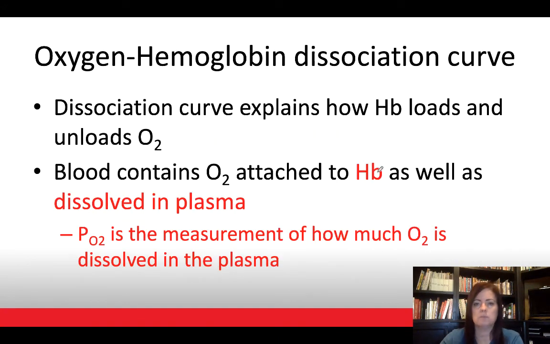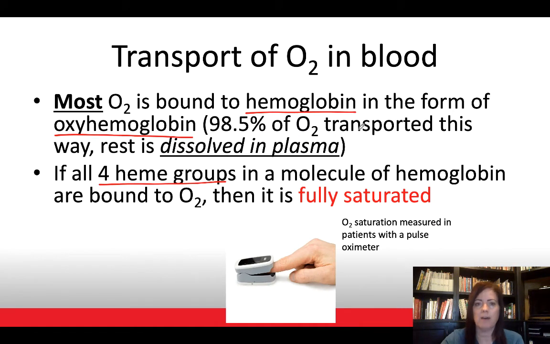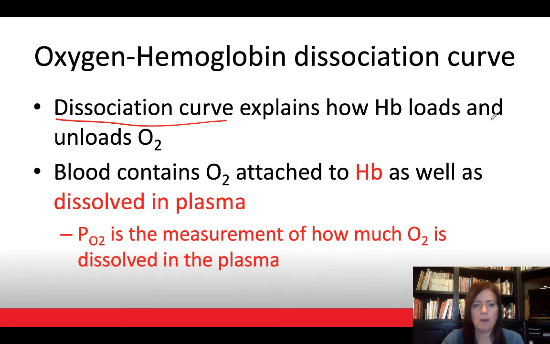Okay, let's get through the dissociation curve, in terms of oxygen and hemoglobin dissociation. So what we see here is that dissociation curves basically explain how hemoglobin loads and unloads oxygen. Okay, because not only do we have oxygen bound to hemoglobin, we still have a little bit of oxygen that's just dissolved in the plasma of our blood, just a little bit.